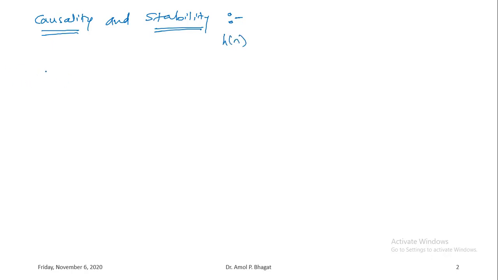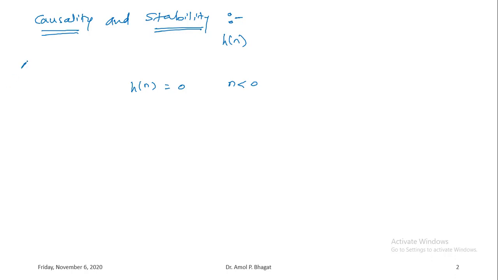So the causal LTI system is one whose unit sample response h of n satisfies the condition, that is h of n should be equal to 0 for negative values of n. Okay, we have derived this expression when we discussed the causality of LTI system in the time domain.